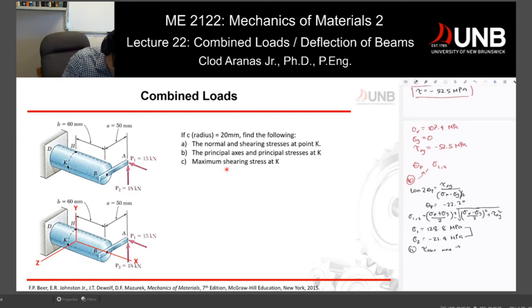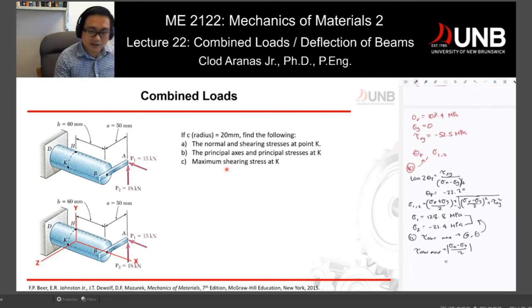So for tau absolute max, take note that we have positive and negative signs for our principal stresses, which means they have different signs. So my tau absolute max, if you can still remember this one, it's sigma a minus sigma b divided by 2, and that's the absolute value of that. And that's just basically your sigma 1 and sigma 2 on top, and that would give you a value of 75.1, and that should be megapascals.